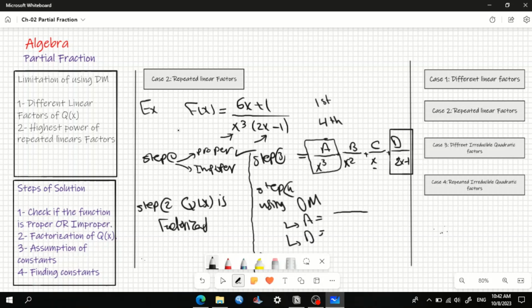Just hide this factor from here and substitute with the zero of this factor. The zero of this factor is x equal to 0. So let's do that. So we have here 1 by negative 1. So A equal to negative 1.